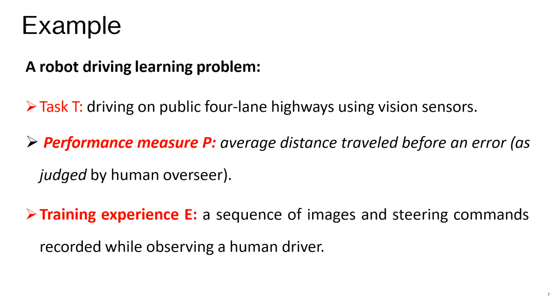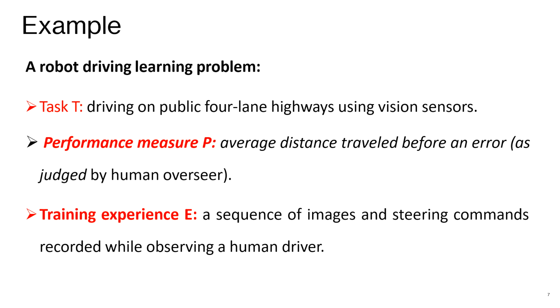Next one, experience. That is training experience, E. Finally, we need training experience. The training experience can consist of a sequence of images and steering commands recorded while observing a human driver.